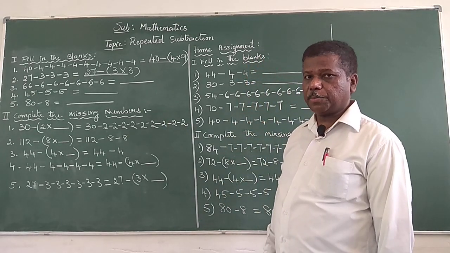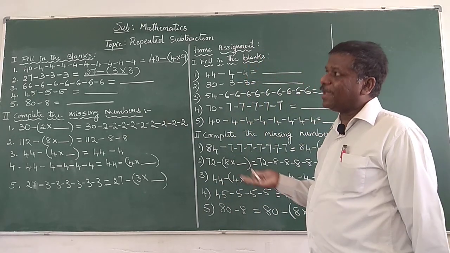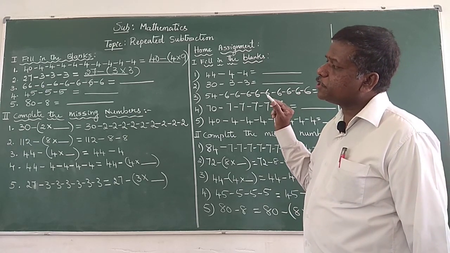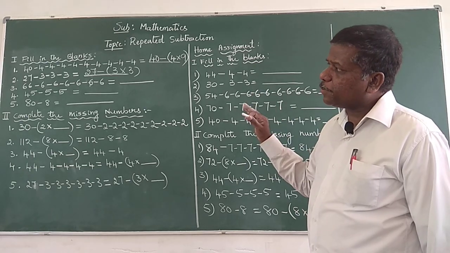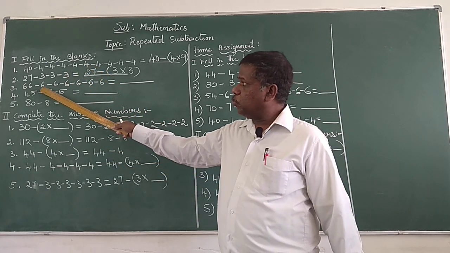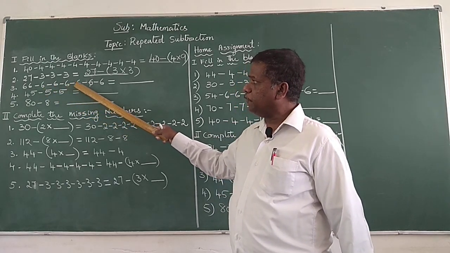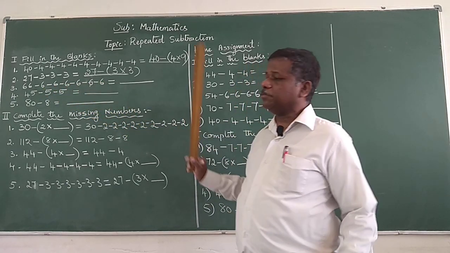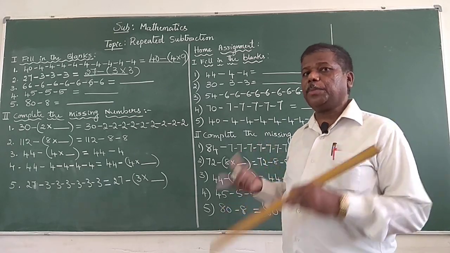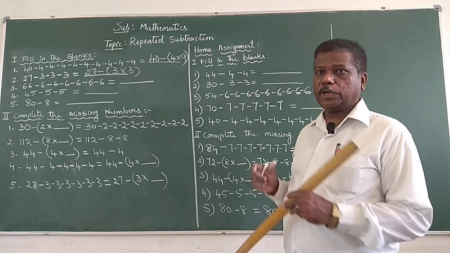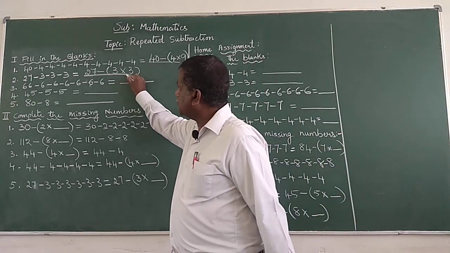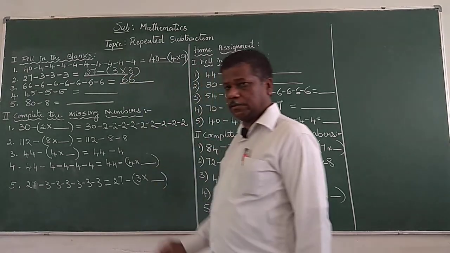66 is the number from which 6 is subtracted. How many number of times? Can you count? Yes, 1, 2, 3, 4, 5, 6 times. 6 is subtracted 6 times from 66. So what shall we write first? Yes, 66 is to be written first.